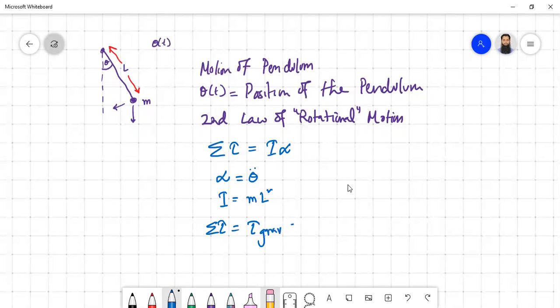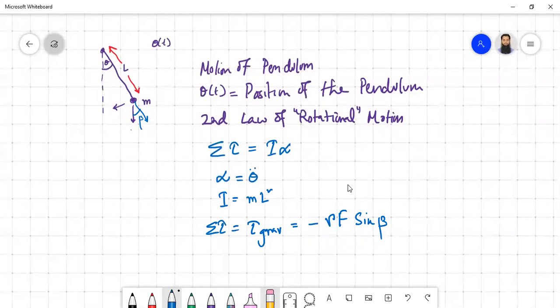By the general formula, that is minus r F sine beta. What is beta? Beta is, if you extend the angle here, the angle with your gravitational force.